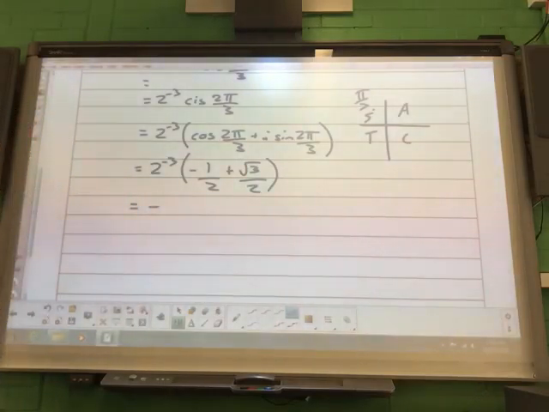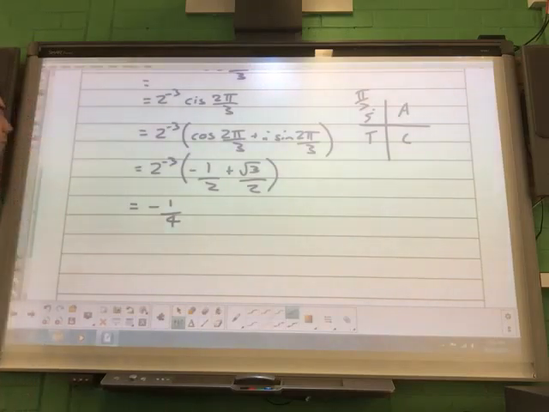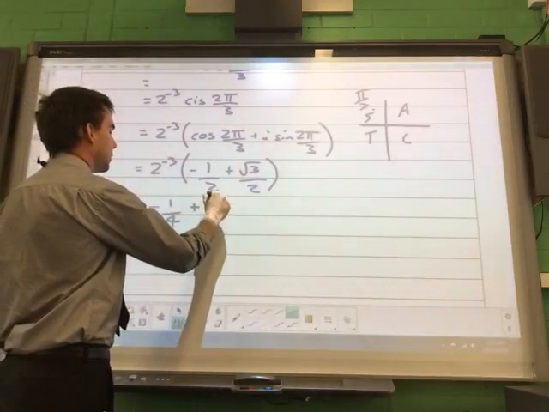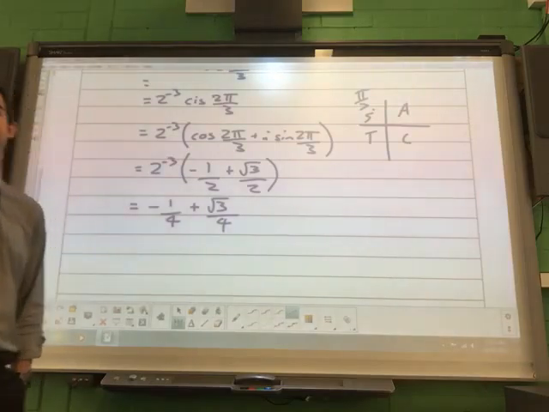So 2 to the negative 3, take away 2 to the negative 1, then negative a quarter, 3 over 4.